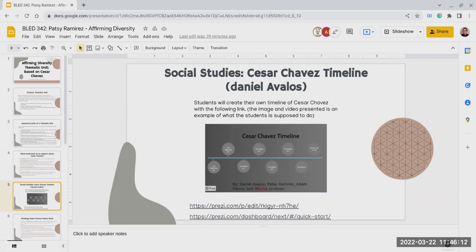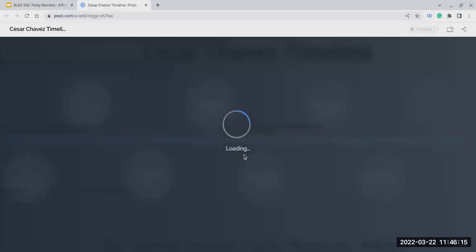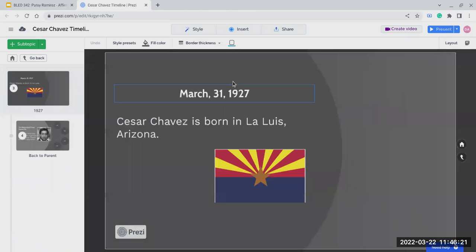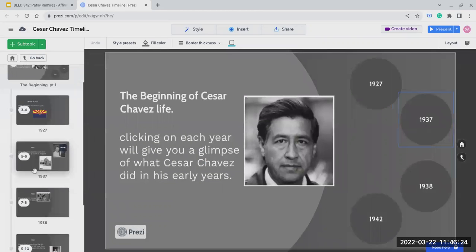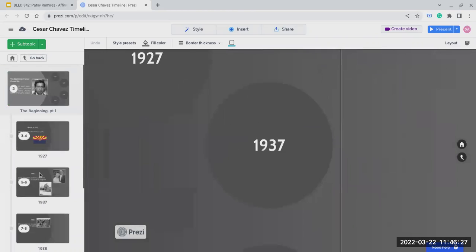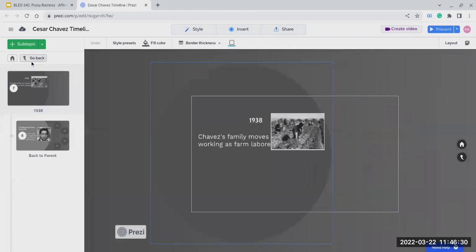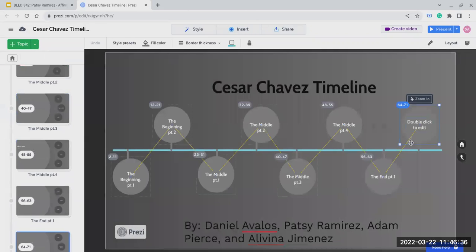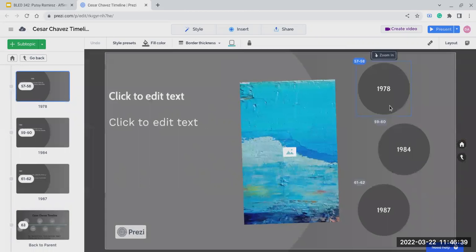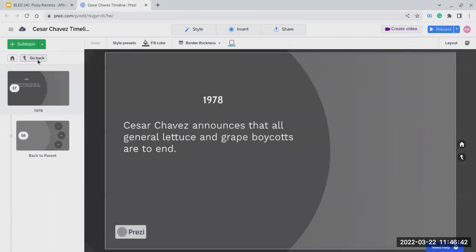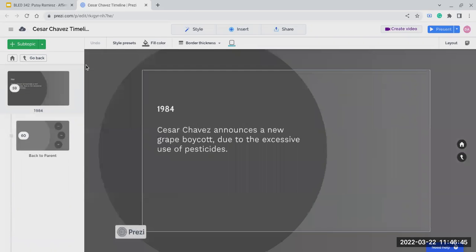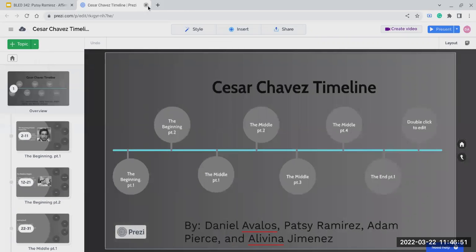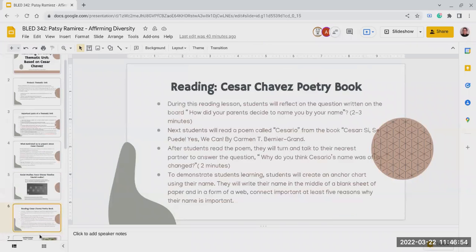They would do the beginning and then talk about Cesar Chavez in his early years, when he was born, and other topics, from the day he was born until the day he died. This is an outline, just to give the students the idea of what to expect from this assignment.